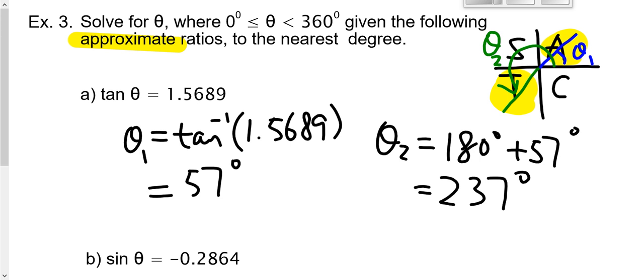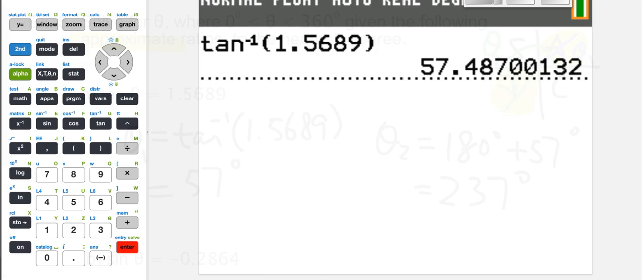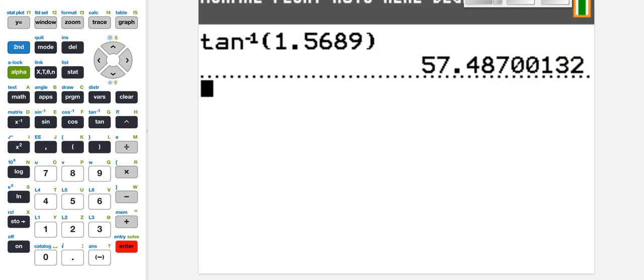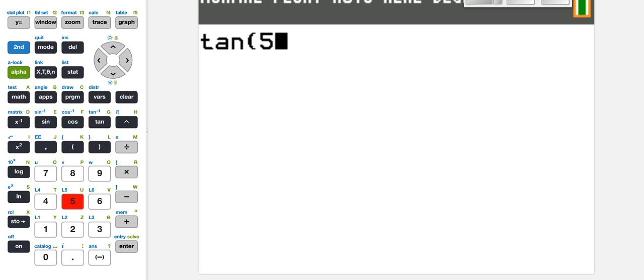So again, you can double check your work. We are talking about tangent here. So tangent 57 should give you this, and tangent 237 should give you that. Let's do tangent 57. Tangent 57 gives you that.